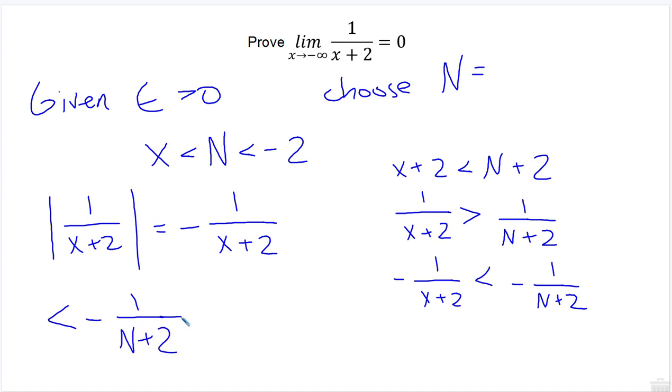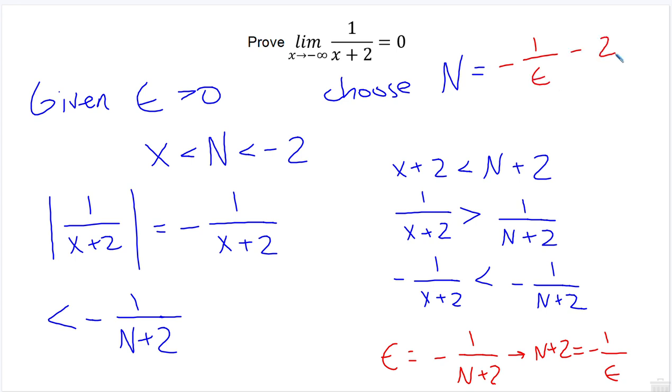Now I've shown that my function is less than something, all in terms of n and some constants, and I can just call that something my epsilon. I'm not going to go through that process of making it look a little more elegant this time. We're just going to go with, let epsilon be negative 1 over n plus 2, which if I cross-multiply, I end up with n plus 2 equals negative 1 over epsilon, or effectively n is going to be negative 1 over epsilon minus 2.